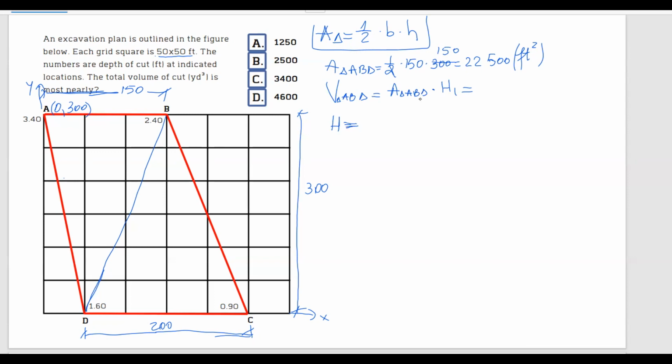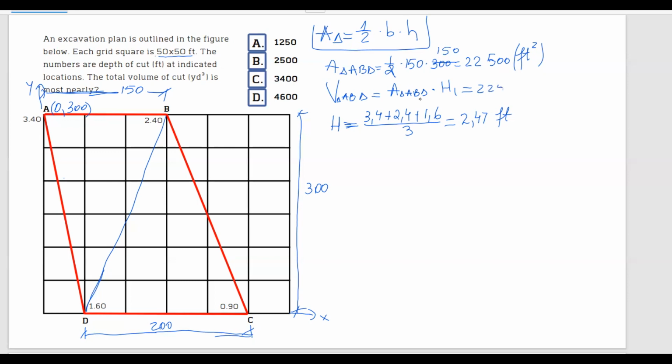We just add them all up: 3.4 plus 2.4 plus 1.6, divided by 3, and I get a depth of 2.47 feet.